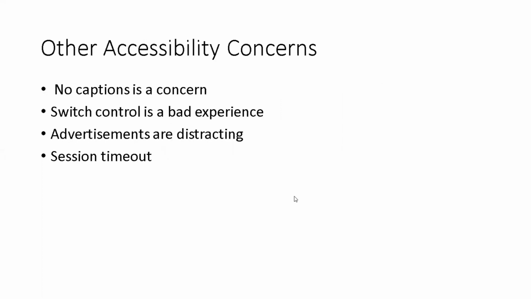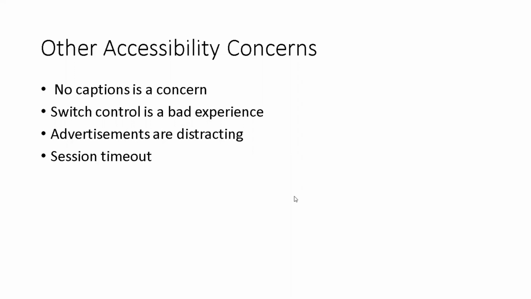The other accessibility concerns in general: no captions is definitely a concern that is notified by people who have hearing challenges. People say the switch control is a bad experience. It again boils down to two fundamental testing methodologies, with the external keyboard and also with the switch control.